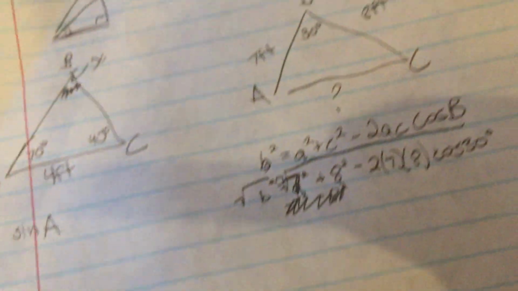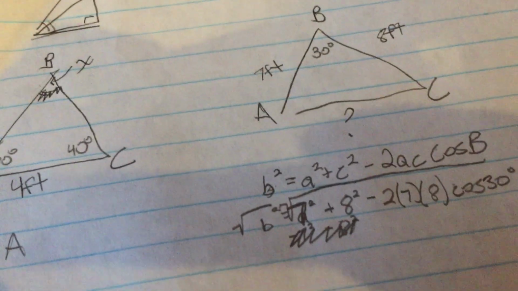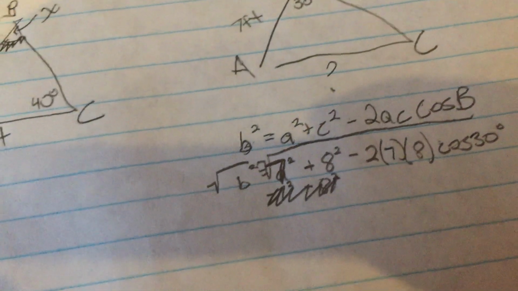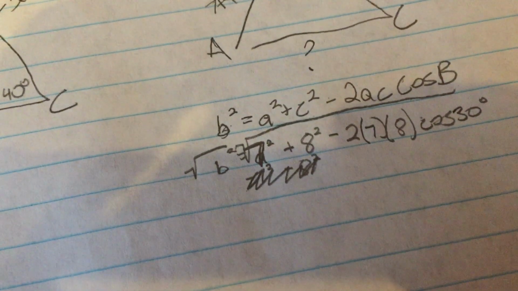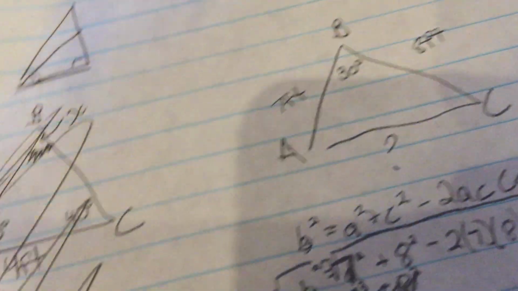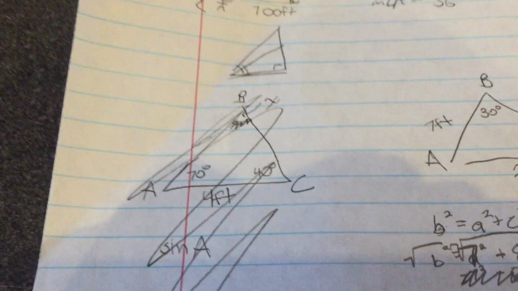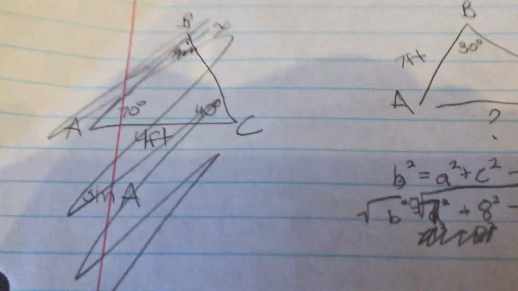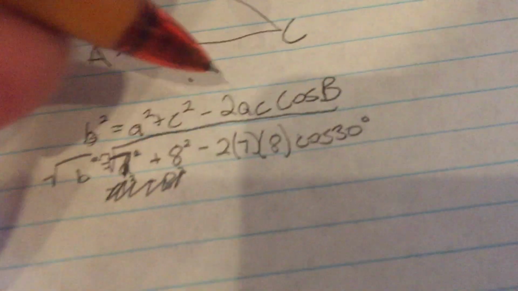I should give you better problems. These are so bad. You know what? Discard this triangle. If you want to get practice for law of sines, look in your book. I'm so bad at this. I'm sorry.